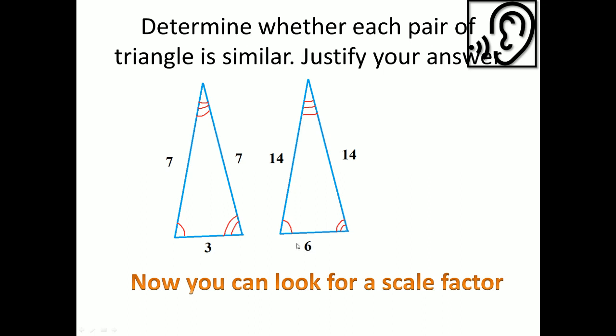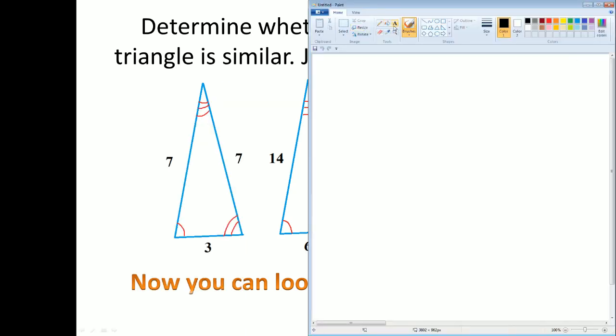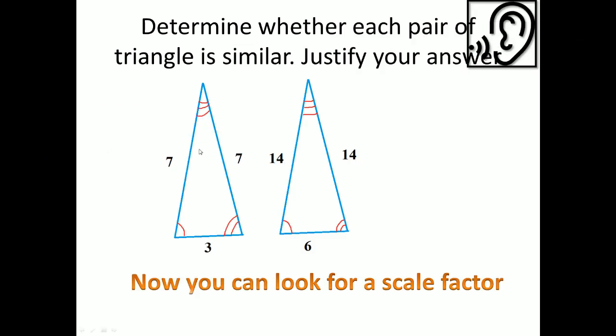Alright, now I'm just going to look for a scale factor. Alright, 7, 14. Okay, so let's look for that. 7 multiplied by what will get me 14? Alright, that's how I got this part.